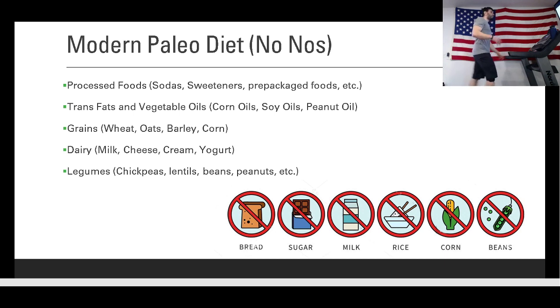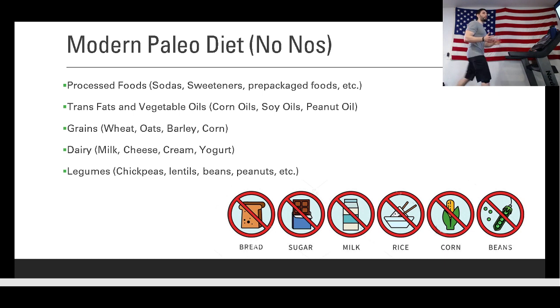Grains, right? And for me, this is where I kind of get hung up, because essentially we're eliminating rice, oatmeal, right? And you'll get to this in the pros and cons, where I find it to be a bit much, if you will. But no grains, because again, it falls under the processed category.